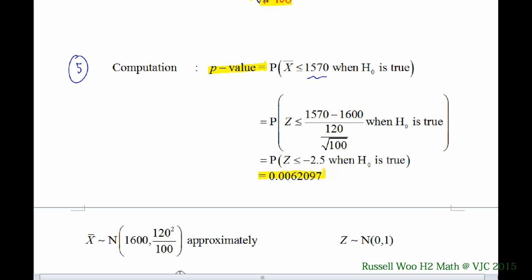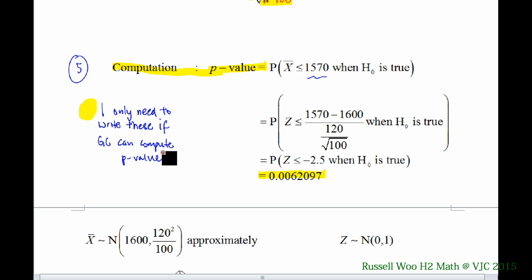Go and write down: in exam or tutorial, I only need to see this if you can get it from the GC. I only need you to write this if the GC can compute the p-value.